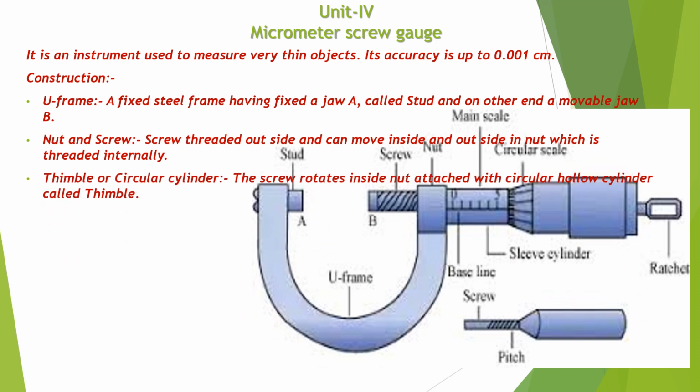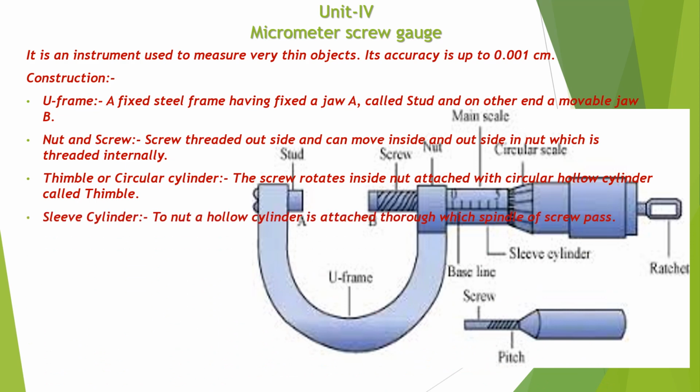Then we have the thimble or circular cylinder. The screw rotates inside the nut, attached with the circular hollow cylinder, that is called the thimble.